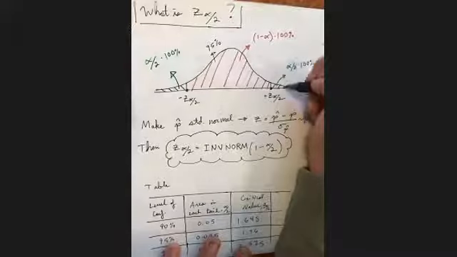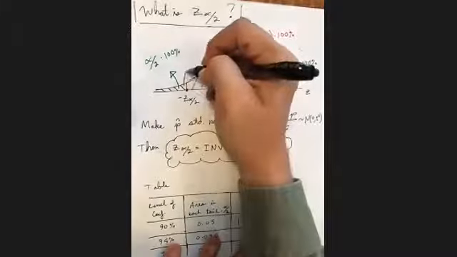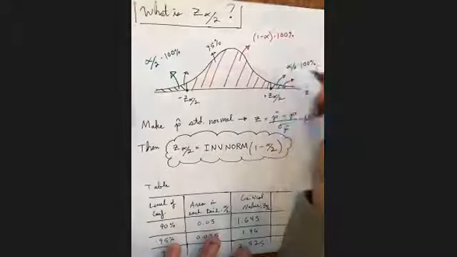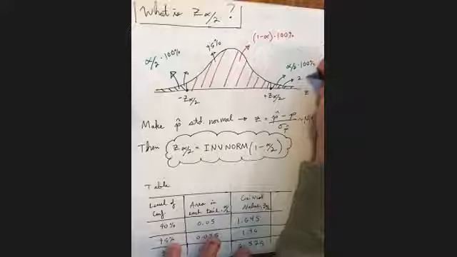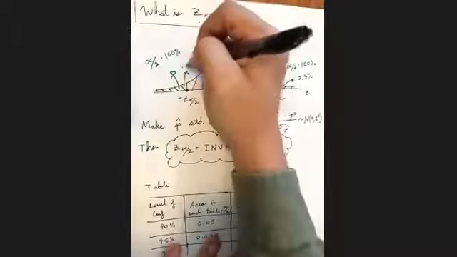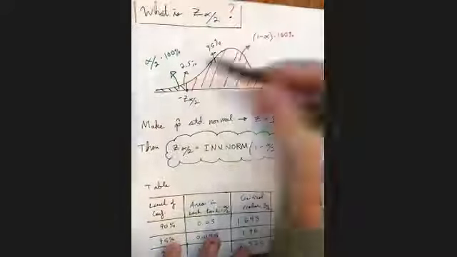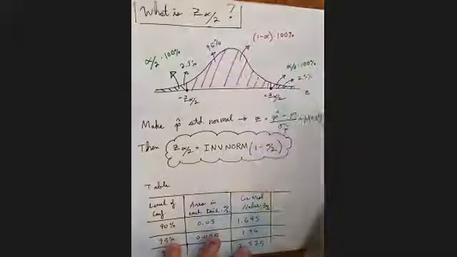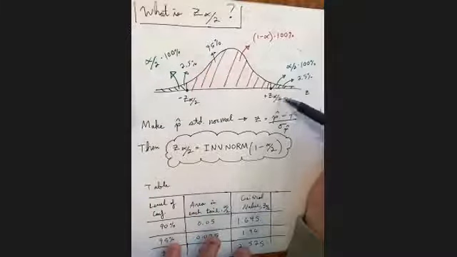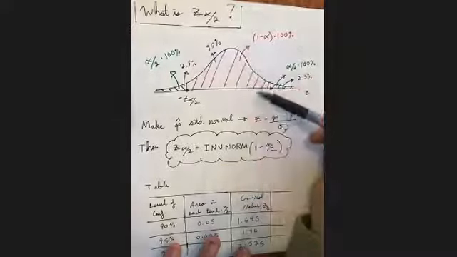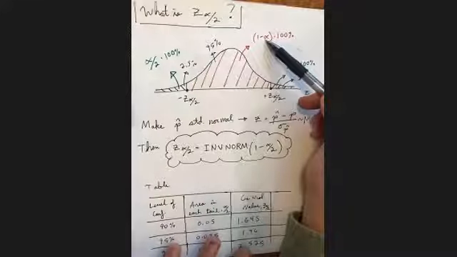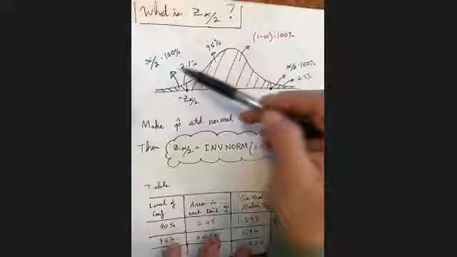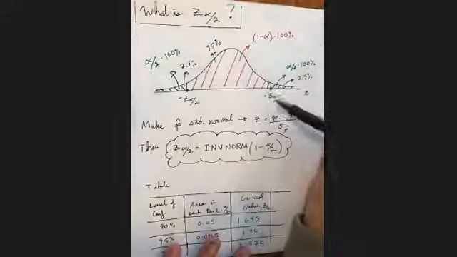So then it stands to reason that since the bell curve is symmetric, the tails will then have 2.5% on one tail and 2.5% on the other tail, which adds up to 5%, giving us the complete 100%. So that's why it's alpha over 2, because we're cutting the remainder in half. This is the 95%. Alpha is the 5% that's left over, but we have to distribute that evenly between the two tails. So that's why it's alpha over 2.